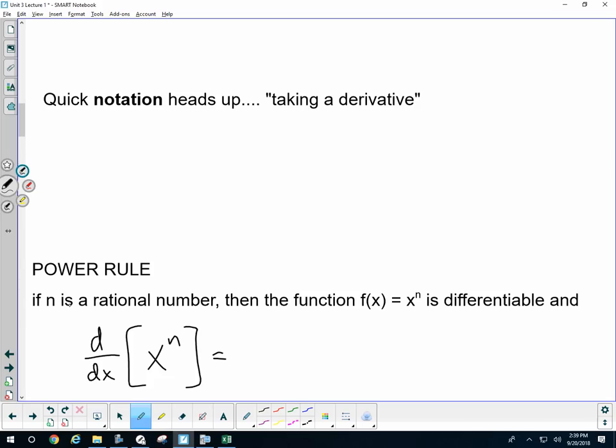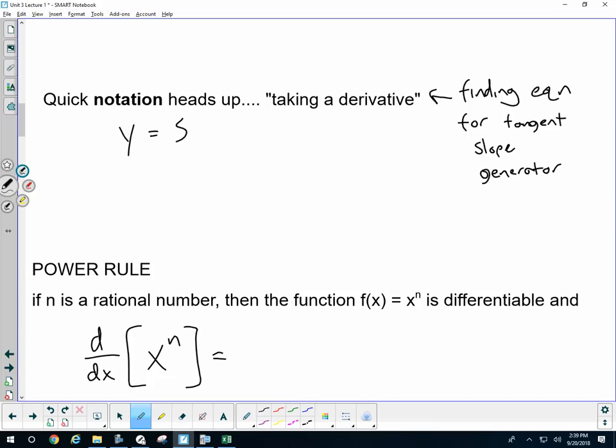Now, taking a derivative, what does that mean? This means finding the equation of a tangent slope generator. We start with some y equals f of x.